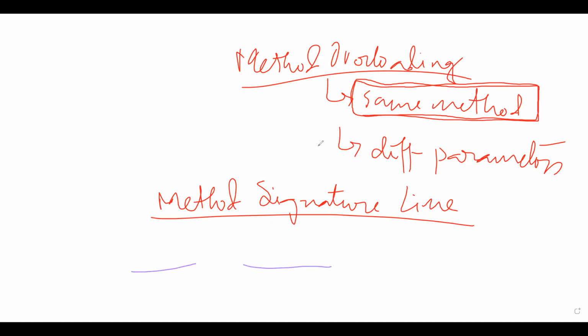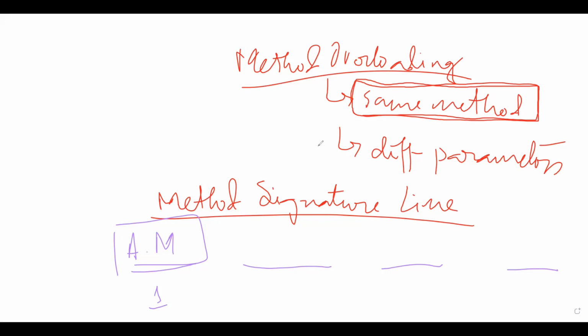Method signature consists of 4 things. First one, access modifier. Access modifier means public, private, protected, default. These 4. That means this method is applicable to everyone. This method is applicable to only this package. This method is only applicable to its own class.